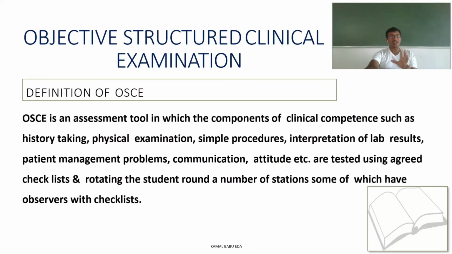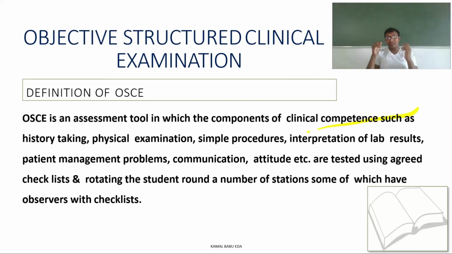The definition of the objective structured clinical examination is that it is an assessment tool used for clinical components such as history taking, physical examination, simple procedures, and interpretation of lab results. They do some clinical examination with the lab, and based on the lab results you have to interpret, bring the patient management problems, do communication, and show your attitude.